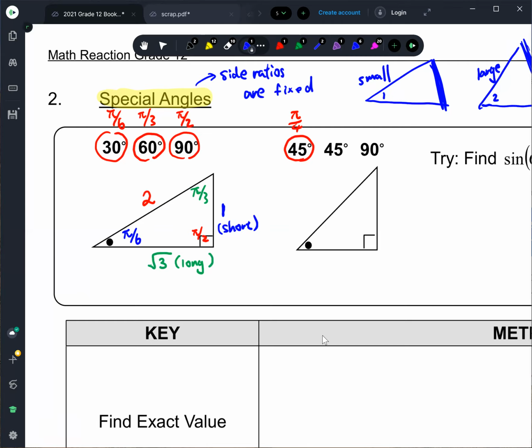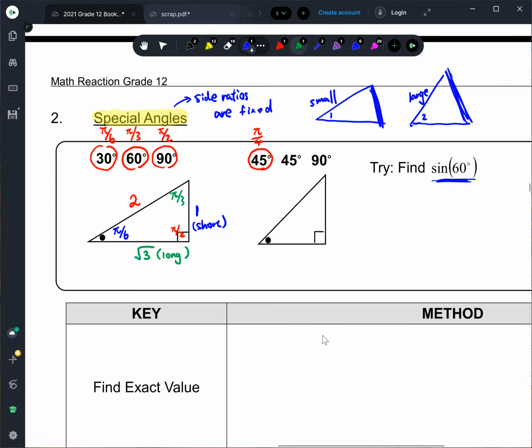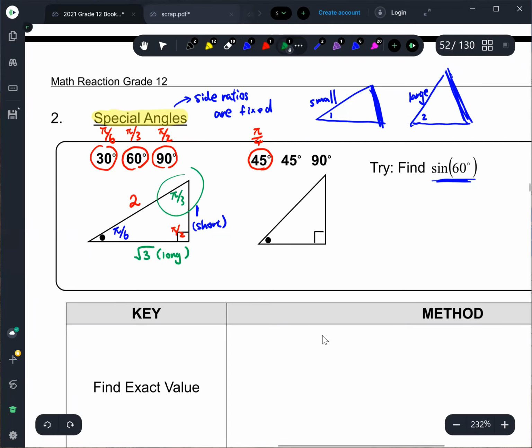So for example, if you look at the question on the right side, okay, sine 60. So sine 60, you need to look from the green number, right? Sine 60 is opposite over hypotenuse, right? Sine is opposite over hypotenuse. So Evan, what is sine 60 equal? What over what?